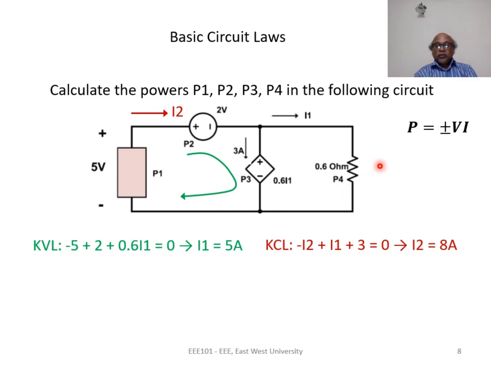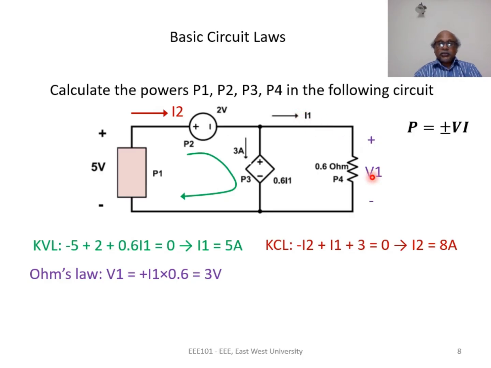We need to know the voltage of the 0.6 ohms resistance to calculate P4. So we assign a voltage across 0.6 ohms. Again, to assign a voltage, we have to give the value a name and we have to specify the reference polarity. Arbitrarily, I have chosen the plus sign to be on the top. 0.6 ohms is a resistance. In a resistance, we can apply Ohm's law.